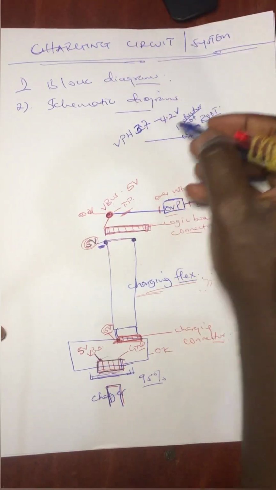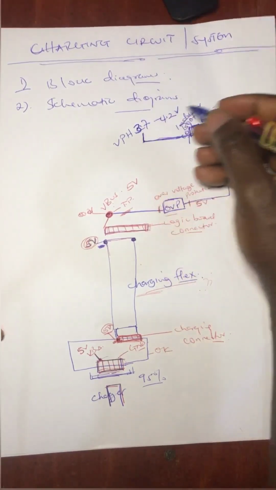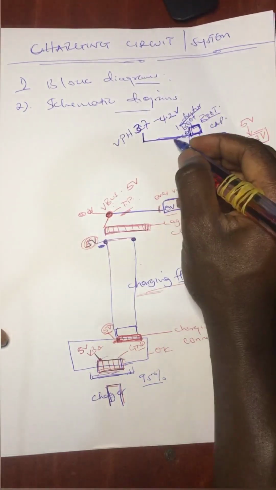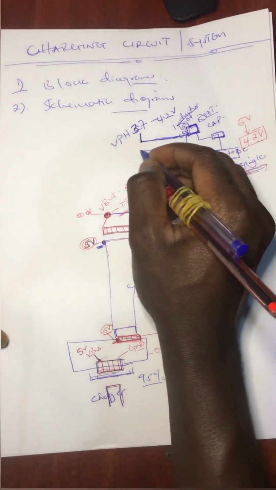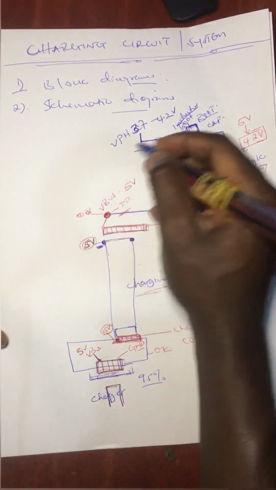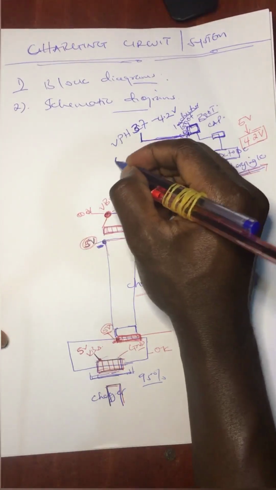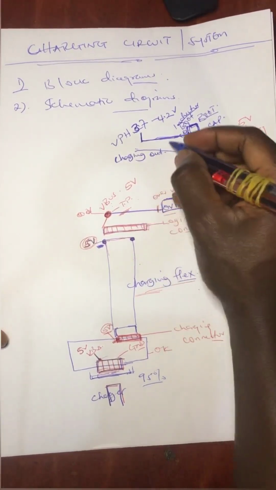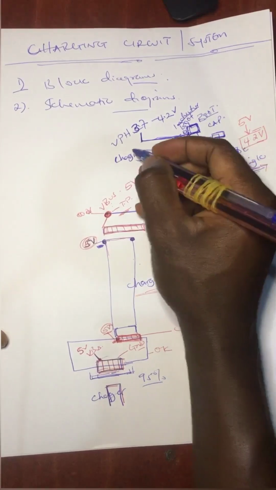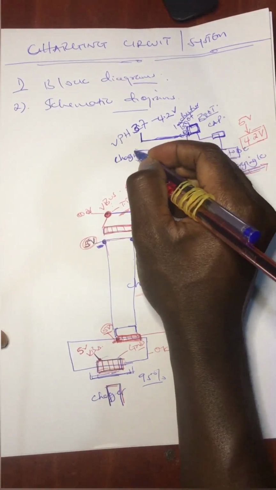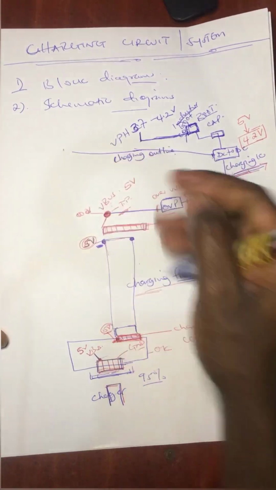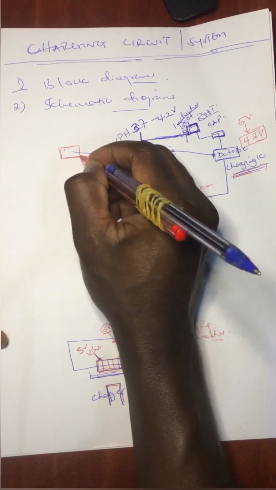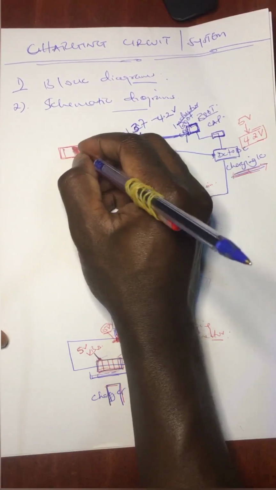Now, from this voltage, it gets distributed to your entire motherboard, right? Now, again, from DC to DC IC, you have another line that is called charging outline. Okay, and this charging outline goes directly to the battery connector, right?